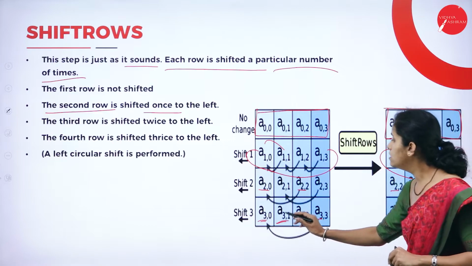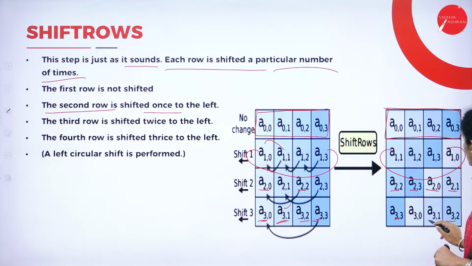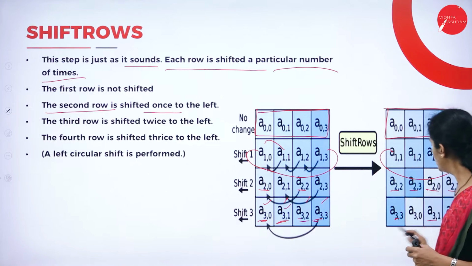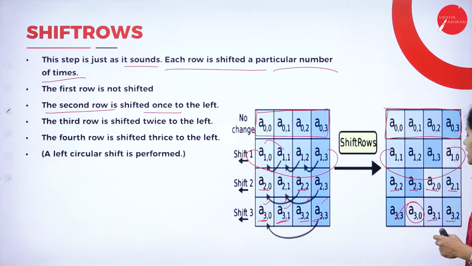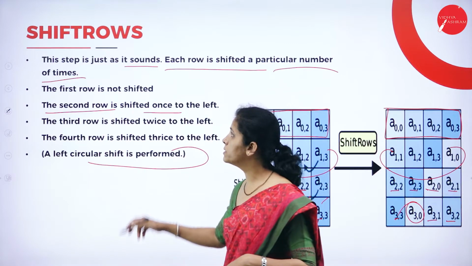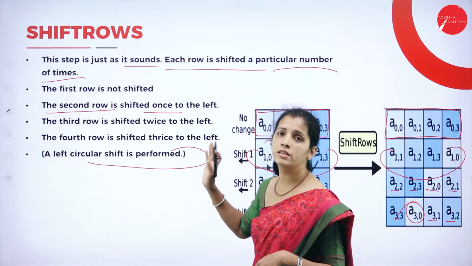And if I consider A31, 1, 2, 3, I want to get A31. And for A30, 1, 2, 3, the second position, I want to get A30. Now the left circular shift is performed. That means in shift row we are going to perform left shift.